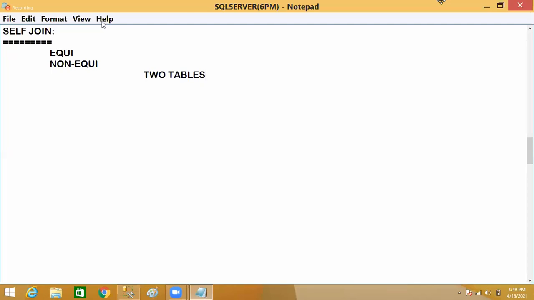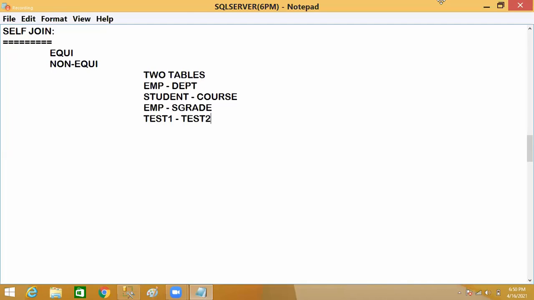Two tables means one table is depending on another: EMP is depending on DEPT, student is depending on the course table, EMP table is depending on the S grade table, test 1 table is depending on test 2 table.